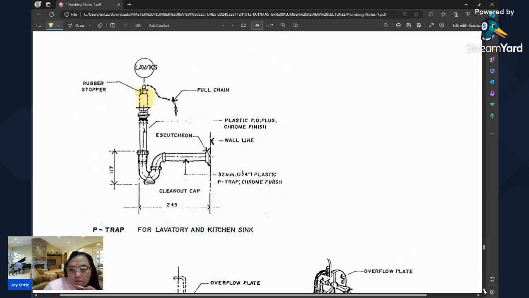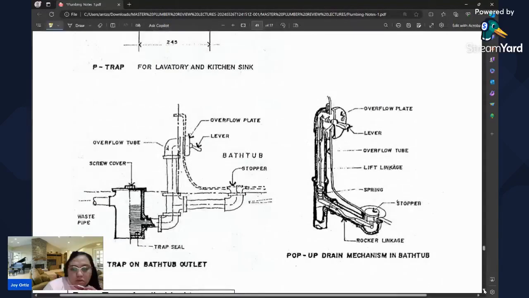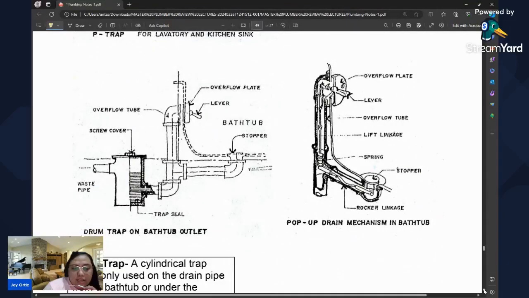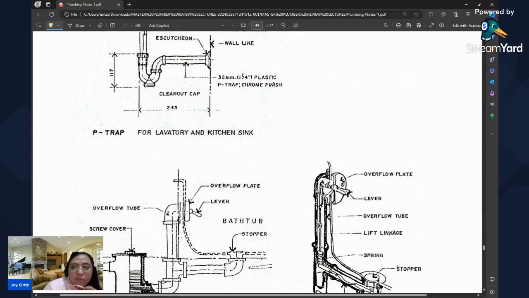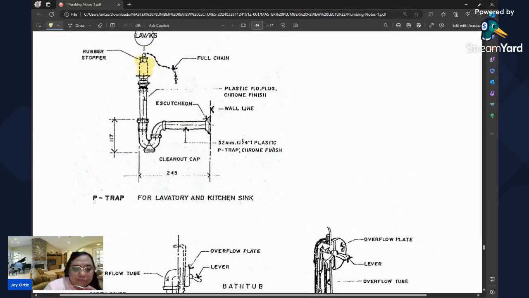Okay. So ito, as you can see, tandaan natin, this is a sample of a P-trap for laboratory and kitchen sink. This is a sample. This one. This is the P-trap.